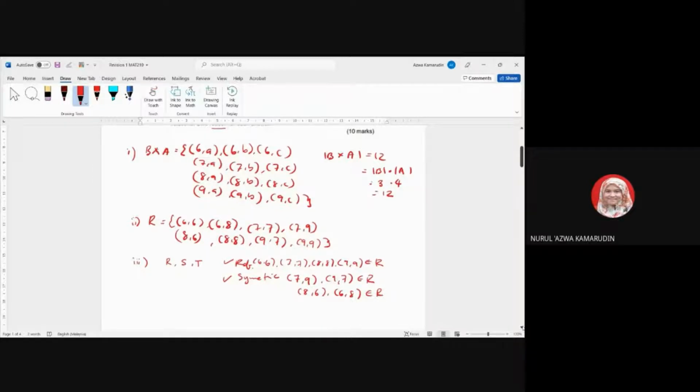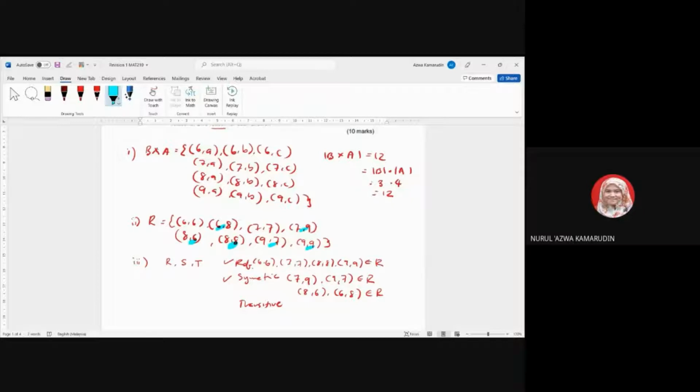Okay, now we have to check for transitive. Nak check for transitive, you kena check 8, 6, 6, 8 dapat 8, 8. Dan 9, 7, 7, 9 dapat 9, 9.